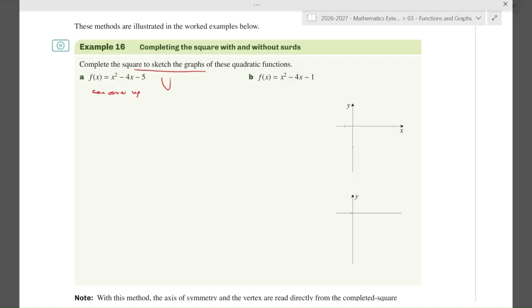Y-intercepts. What's the y-intercept in this case? Cool. Y-intercept is -5. Happy with that? What would be the next thing we need? Remember, we did have a list of things, and in fact, if you look in your worked example book, there is a list.